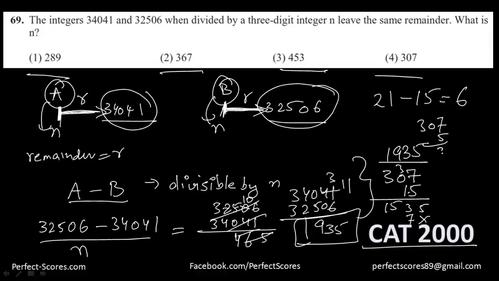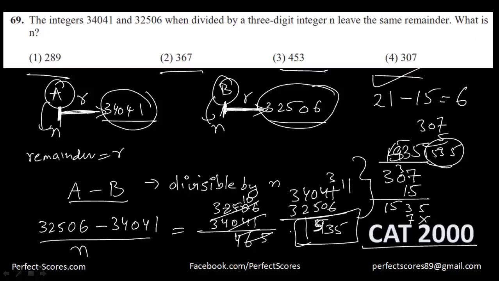So 7 times 5 is 35, and 5 times 3 is 15. Is it coming down to be 5? Oh, okay. It's coming down to be equal to 5 only, right? 1535. So that means 307 is my answer.